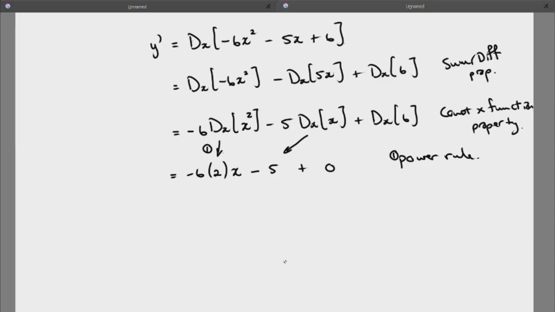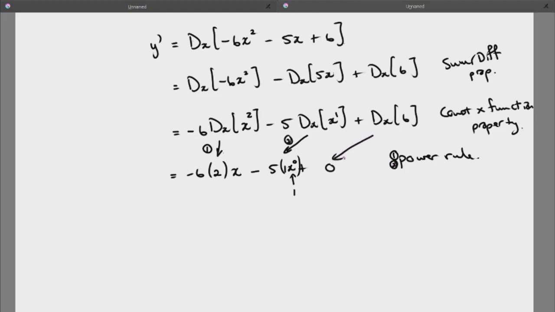It was the power rule again. Can everyone see that the power rule was used there? Because it was a power of x, x to the 1. The 1 goes in front, x to the 0, which is just 1. So it was the power rule again, 2, for the first and second term.